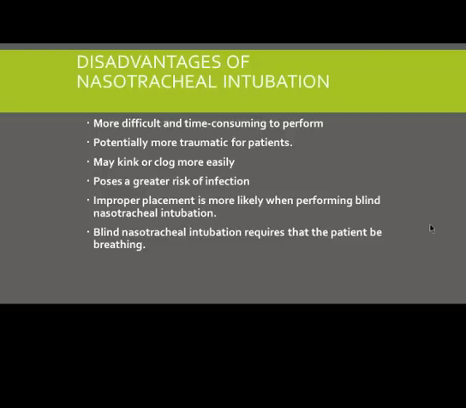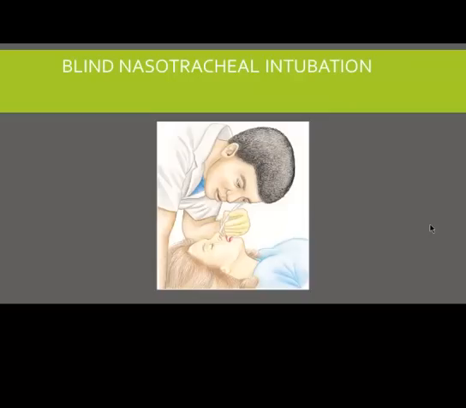That stomach is essentially a balloon, and if it starts filling up, it's going to create pressure on the diaphragm and impede the ability to expand and contract. But where I was going with that is that the NG tube is tiny compared to a 6.5, 7, 7.5 ET tube. Improper placement is also more likely when performing blind nasotracheal intubation.